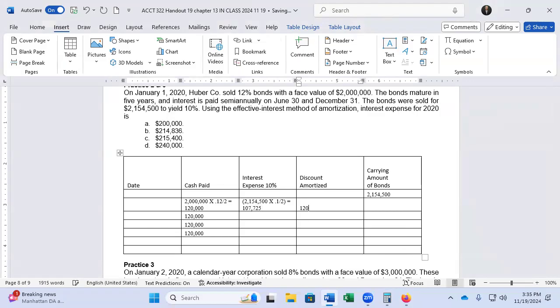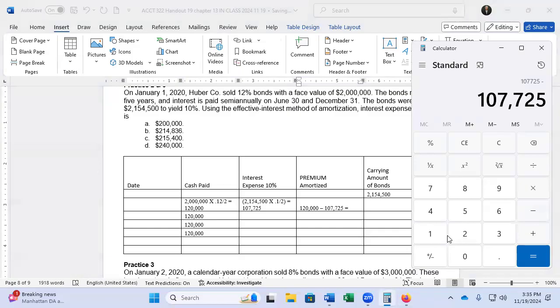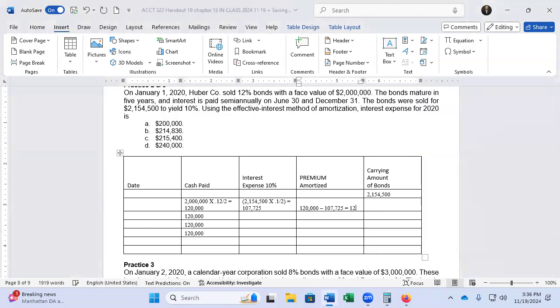And so the discount 120. Actually, this is a premium, right? We got 120 minus 107,725. And that's 12,275.